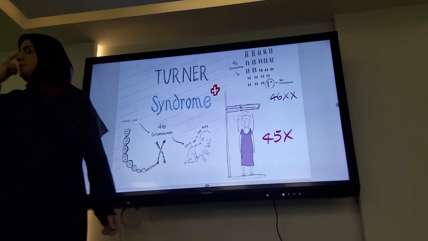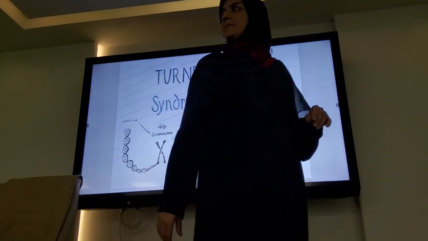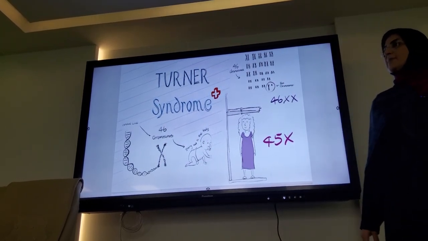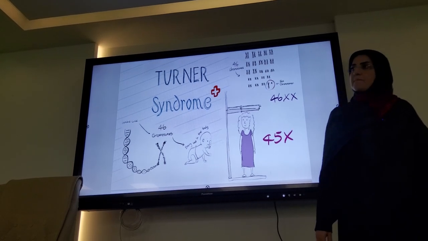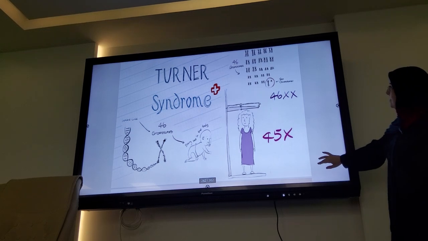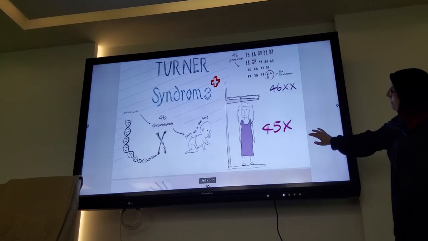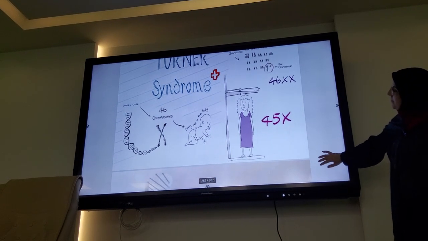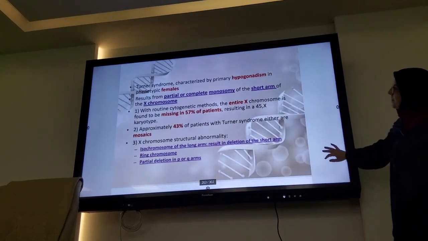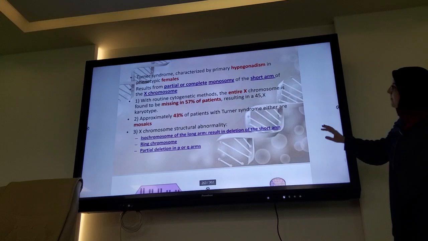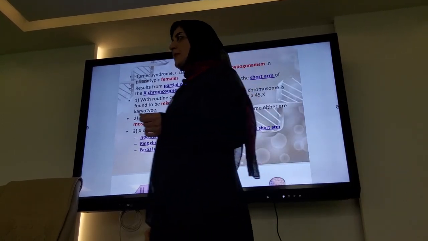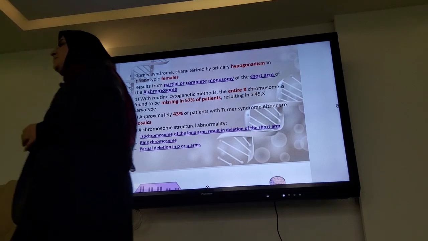Turner syndrome is a chromosomal syndrome that affects females, caused by the loss of the X chromosome, which gives a 45,X karyotype. It is caused by complete loss or partial loss of the X chromosome, and some have the normal karyotype in some cells and the other cells have 45 chromosomes.